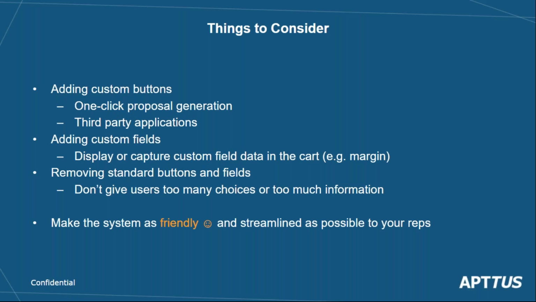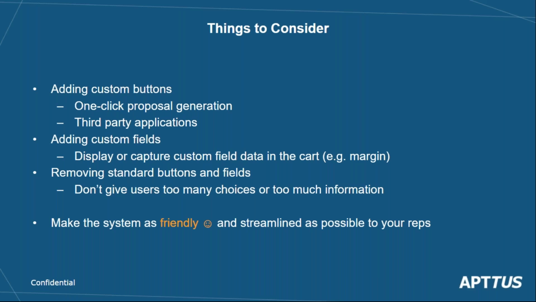And then the third party applications. If you want to push the data into any other external system, you will have to create a button, and then you have to call a class from that button. If you want to do an integration with a third party, say SAP, and you want to push some price, you can just have a button like push price to SAP, and then you can expose that button.